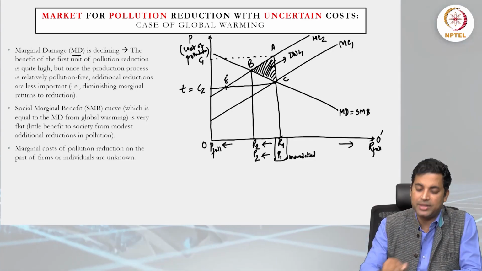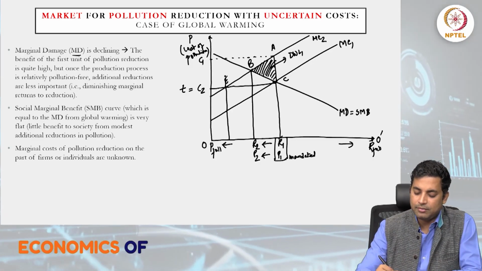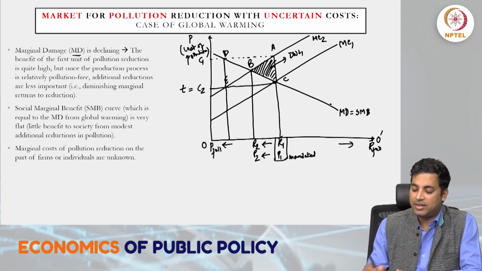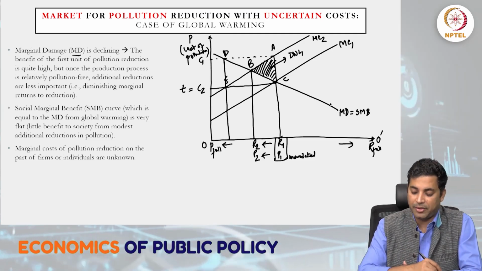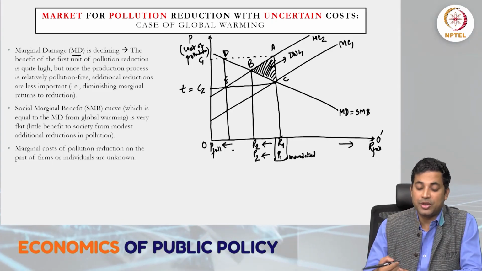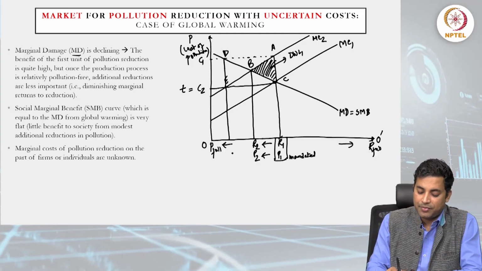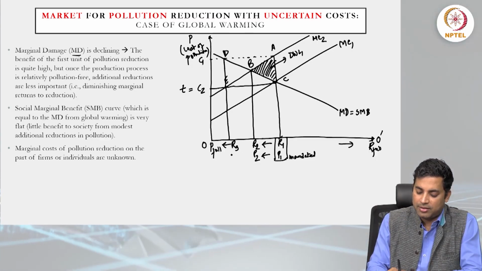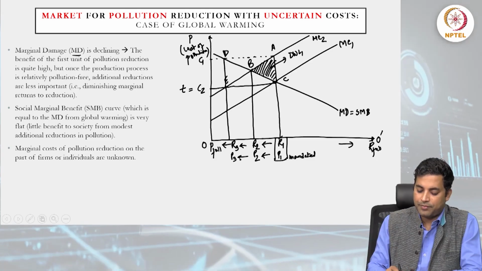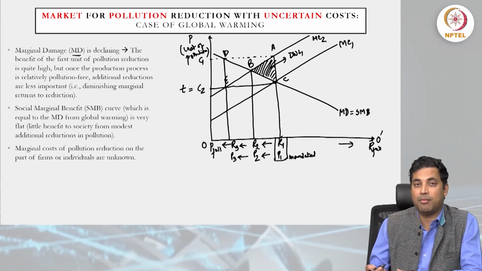and here say this is point E, and across point E we get another point, what we call point D, and D is on the marginal damage or social marginal benefit curve, and then the overall pollution reduction is getting further reduced from OR2 to R3, and pollution is getting increased from OP2 to OP3 amount of pollution.